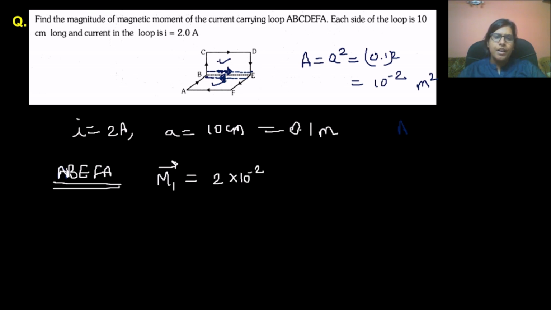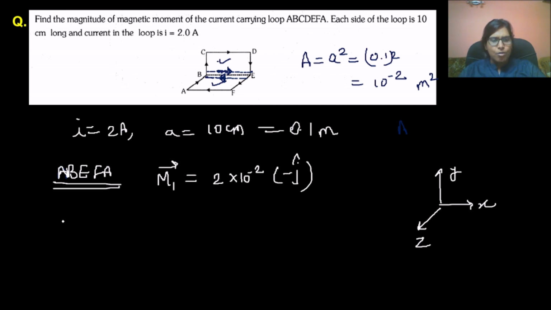Now curl your fingers in the direction of current, then the thumb will represent the direction of M. Suppose this is the X direction, this is the Y direction, and this is the Z direction. So this loop is in the X, Z plane, and if you curl your fingers, then the thumb will represent the minus Y direction.